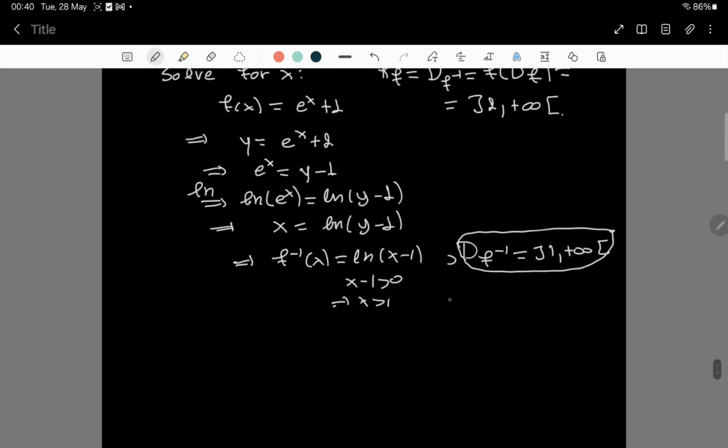Now the range of the inverse function is the domain of function f, and this can be written as f of the domain of f minus 1 equals (minus infinity, infinity).